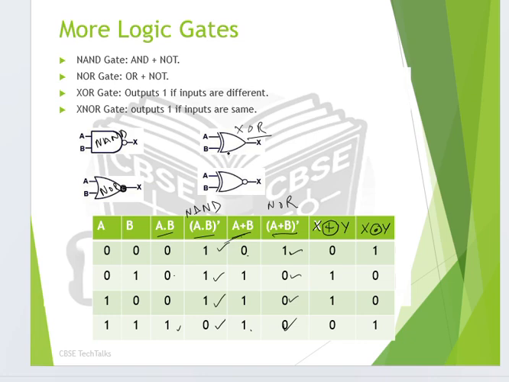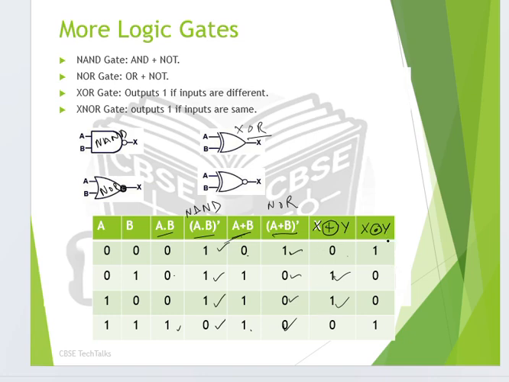So when the inputs are not the same, the output is 1. In this case 0 and 0, the output is false, and 1 and 1, the output is false. In this case, the inputs are not the same. So one is 0, 1 and the other one is 1, 0, so the output is true. So this is for exclusive OR.